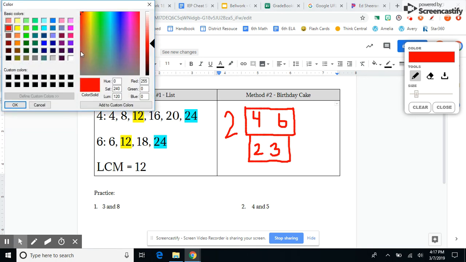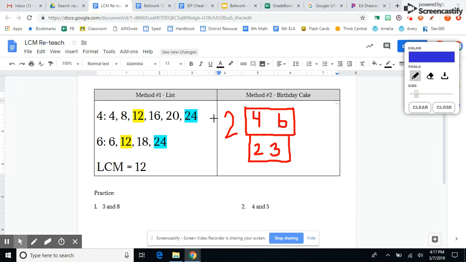So now what we're looking at is the numbers on the outside and the numbers on this layer. We cannot divide anything by 2 and 3. We cannot pick a number that's divisible by 2 and 3 because they're both what's called prime numbers. So that tells us that that's as far as we go with our birthday cake.